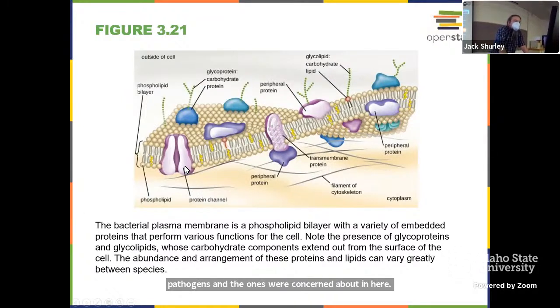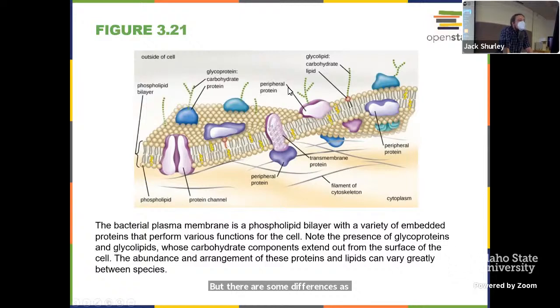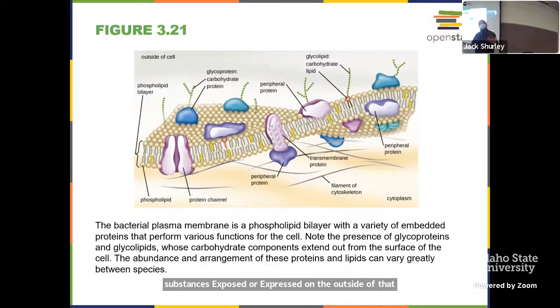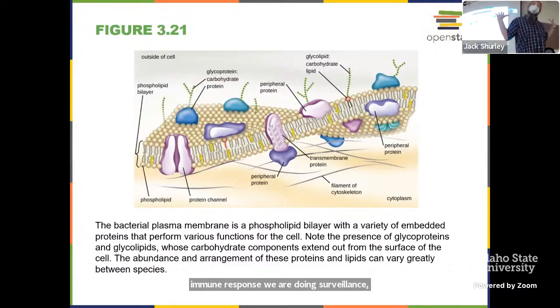So here's a membrane, a plasma membrane, a bacterial membrane. It's similar to other cells, but there are some differences as well. Substances exposed or expressed on the outside of that membrane can be specific to the microbe, which in turn, when we flip it around and think about our body's immune response, we are doing surveillance, looking for bad guys, looking for some of these things that they're showing.